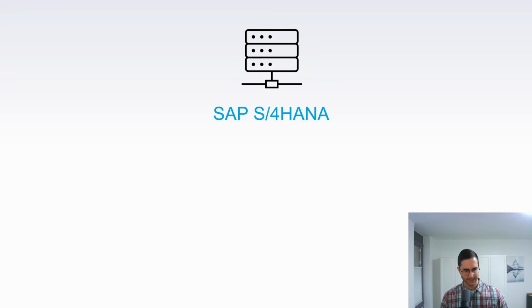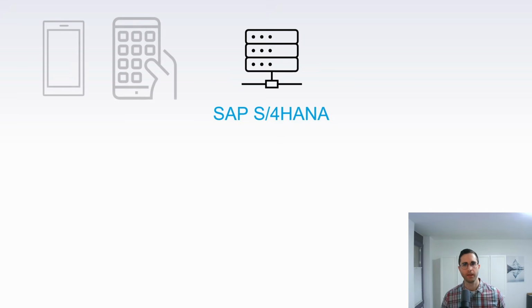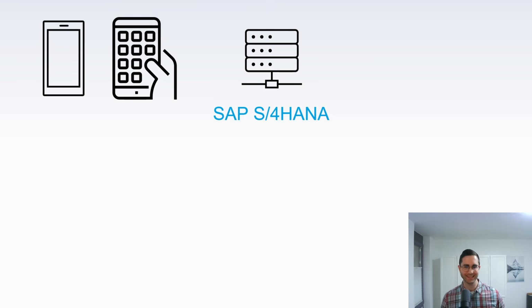So let's also explain the functionalities and the concept in SAP S/4HANA more closely. To understand SAP S/4HANA, you can imagine this like a smartphone. On SAP S/4HANA, there are multiple transactions, programs, tiles, whatever you name it, for a single purpose or task, like you're having apps on your smartphone.